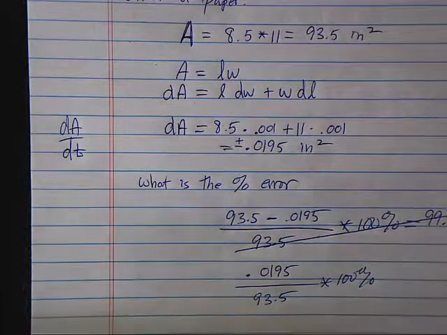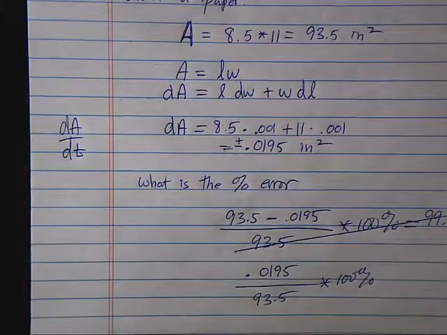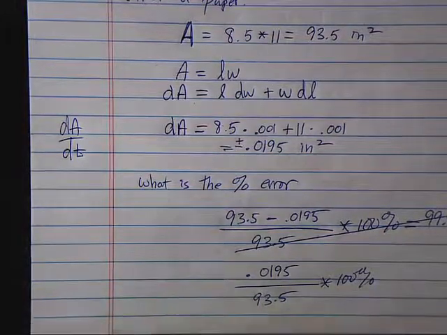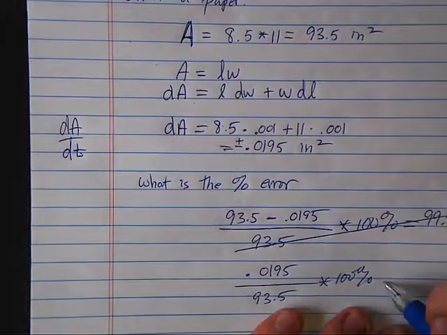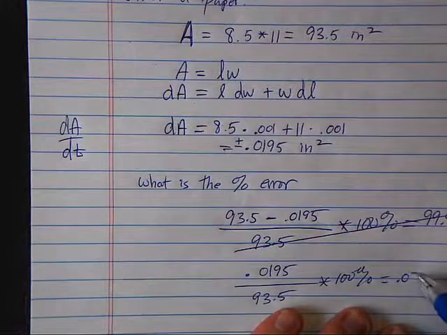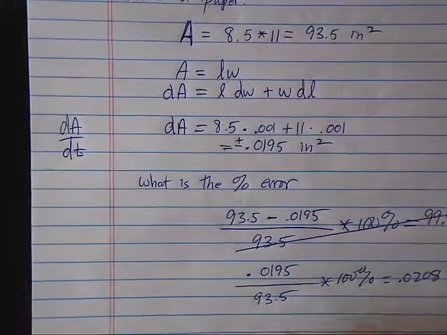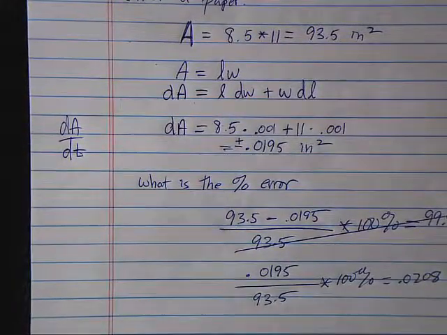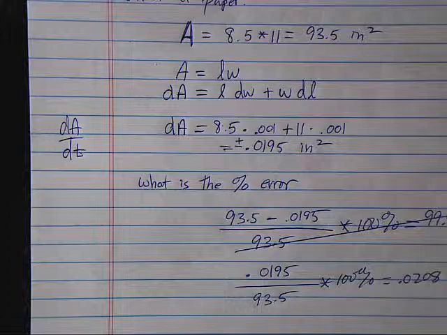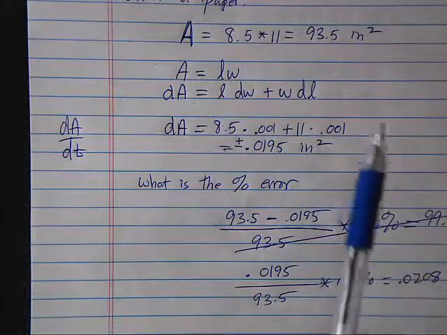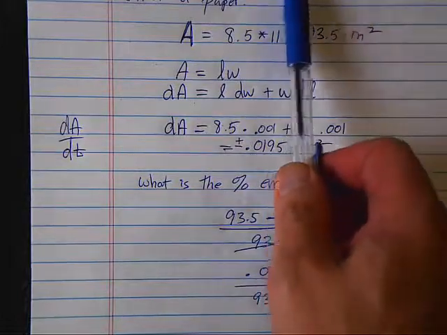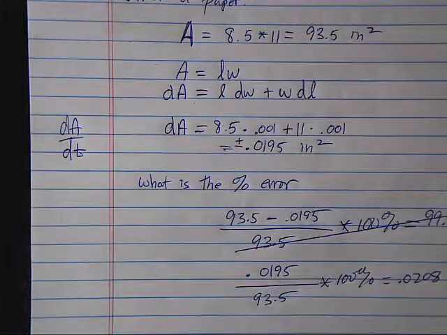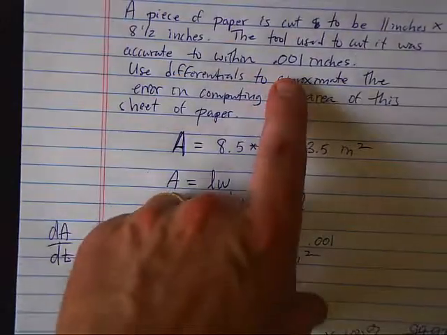I just said it more complicated, yeah. So our estimation of the area is only off by 0.02%, which is very, very small. Which is not surprising because we said our machine was really quite accurate. 0.001 inches was our original error.